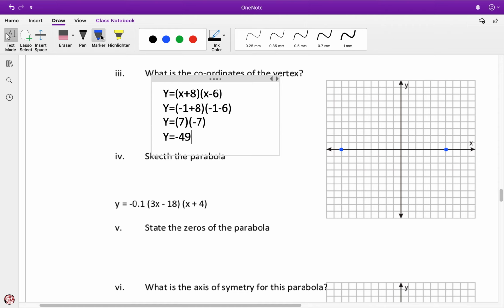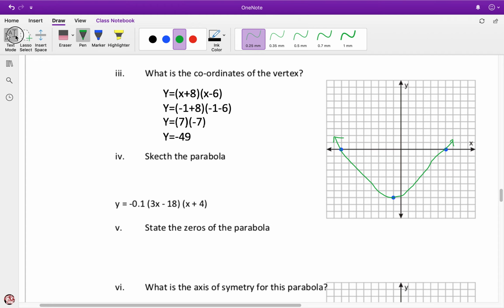Now these never have to equal 1. I can make them equal whatever I want. In this case, I'm going to make it equal 7. So I'm going to go over -1, then down 7. 1, 2, 3, 7. Boom. And then I can draw my parabola and go from there.